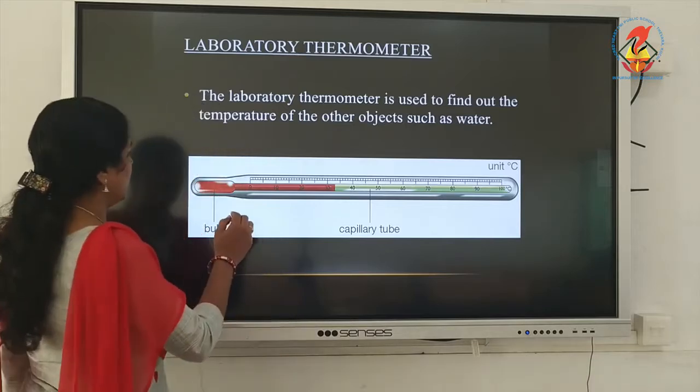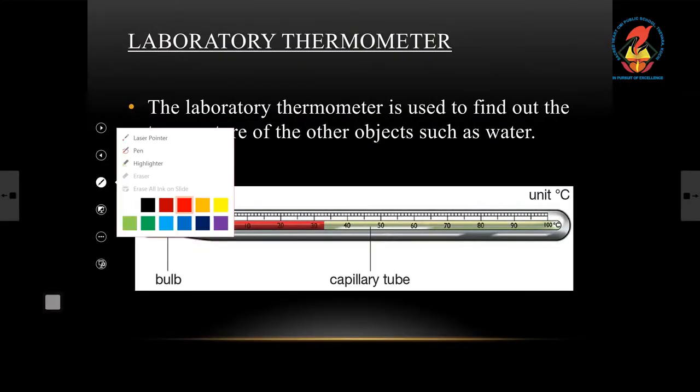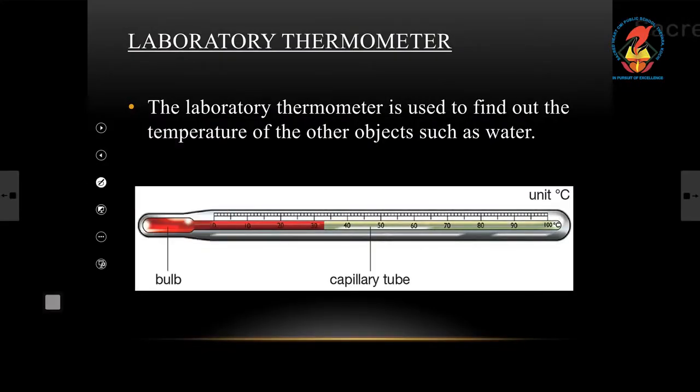So this one is the bulb of the thermometer, and this portion is known as the stem of the thermometer.